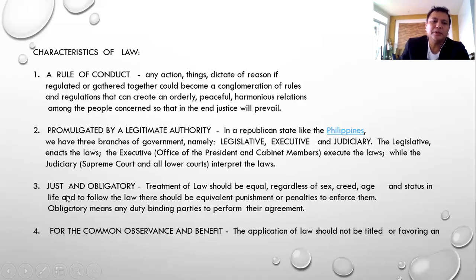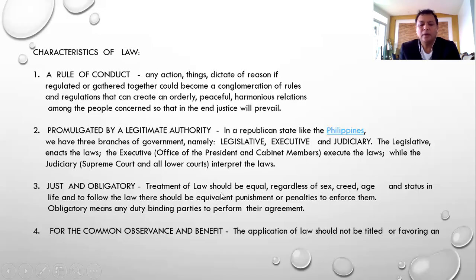The third characteristic of law is just and obligatory, meaning that laws should be treated or implemented equally to all individuals, regardless of sex, creed, religion, age, or status in life, whether he's rich or poor, or whether he's occupying a high position in the government, or whether he's an ordinary person.